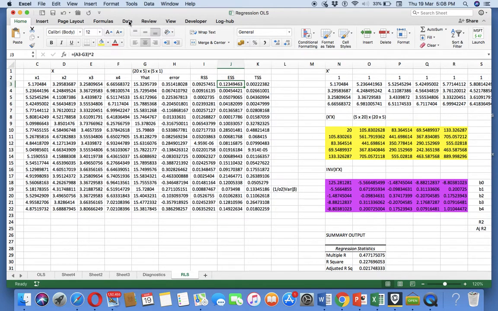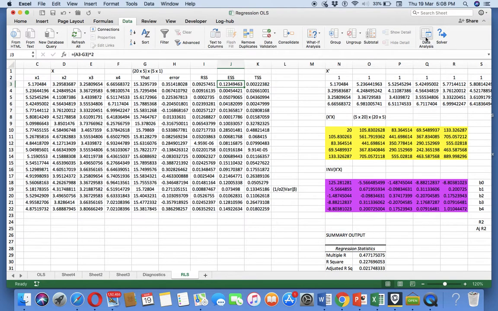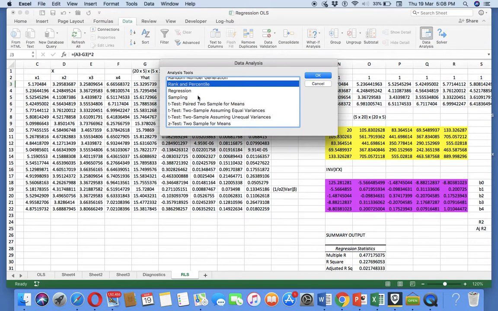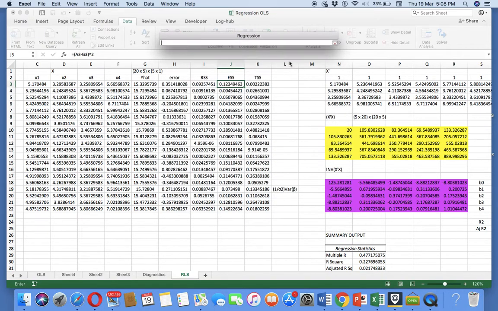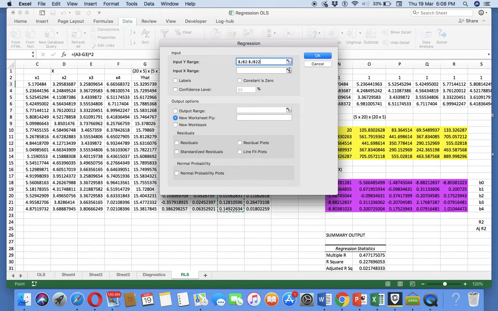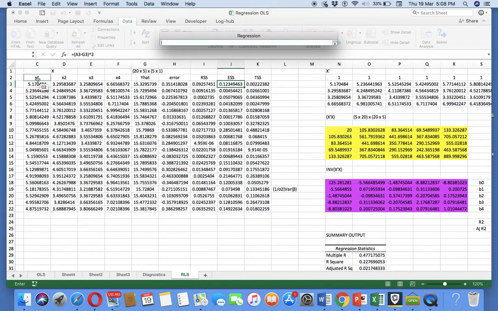I will take regression from data analysis. I go to regression and say okay. The dependent variable is the square of the error. The independent variables are the variables themselves, only the independent variables x1, x2, x3, x4.